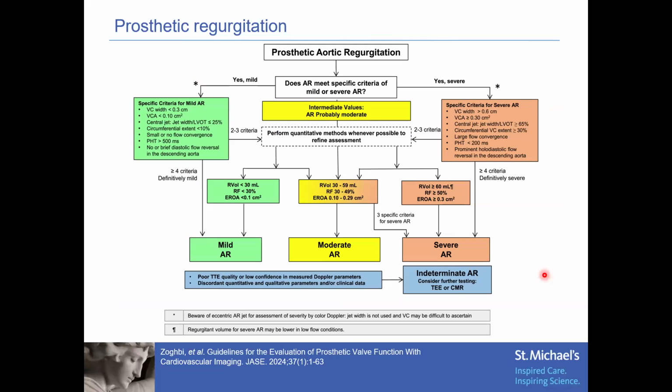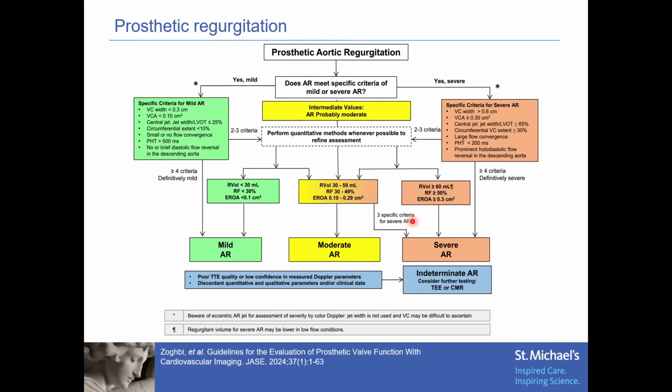All right. Prosthetic regurgitation is a talk in itself. It's a very complex topic, but I just want to bring up that there is a nice figure in the ASE guideline talking about this. I just want to cue you into the summary specific criteria for severe aortic regurgitation, very similar to native valve regurgitation: vena contracta width, central jet width, large flow convergence, pressure half time less than 200 milliseconds, prominent holodiastolic flow reversal, particularly in the descending aorta, and quantitative measures, when possible, are still very helpful with the same sort of cutoffs.